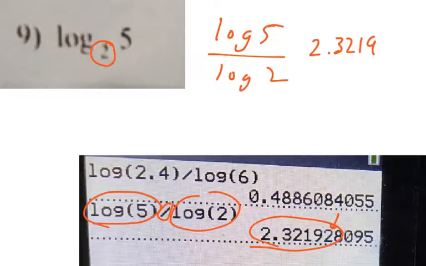If the next digit was a 5 or higher, I'd round that up, but discuss that quickly with your teacher, how many significant digits he or she wants. But that's how you do logs in the calculator. You use change of base, and you type it in your calculator.